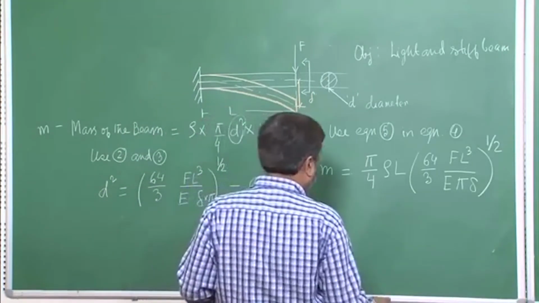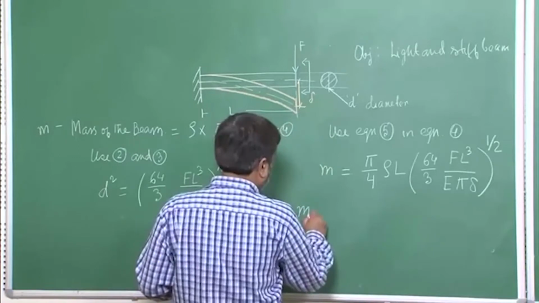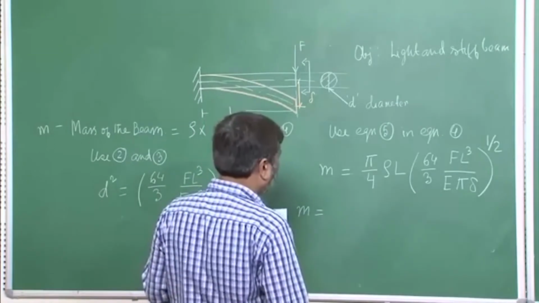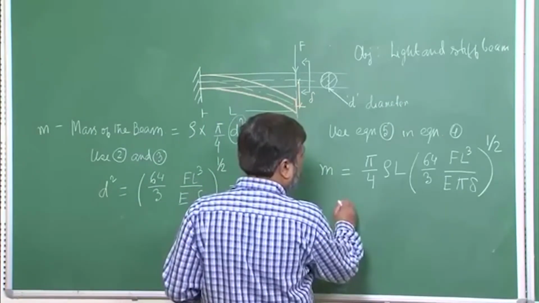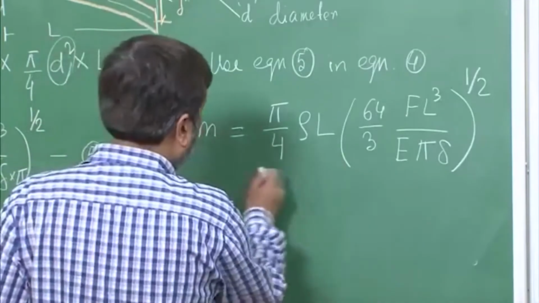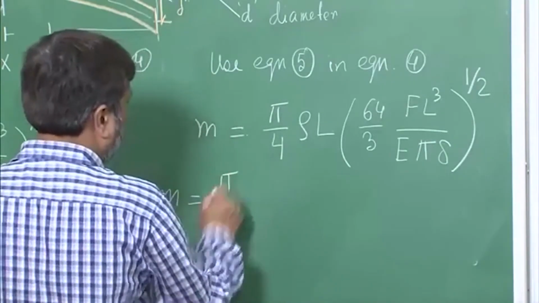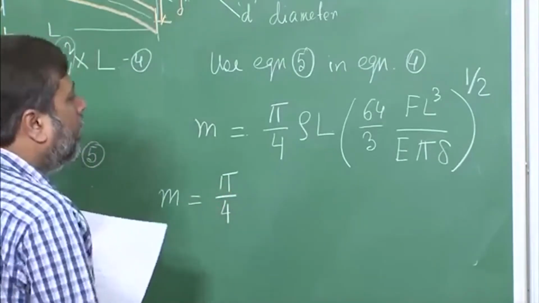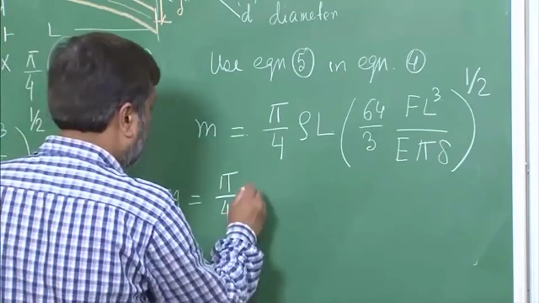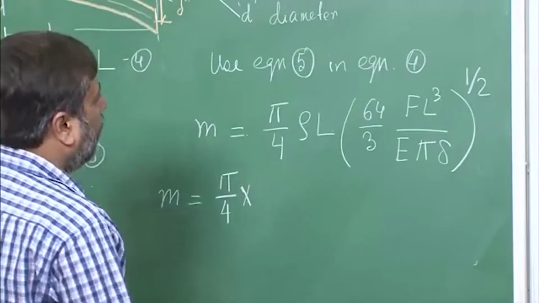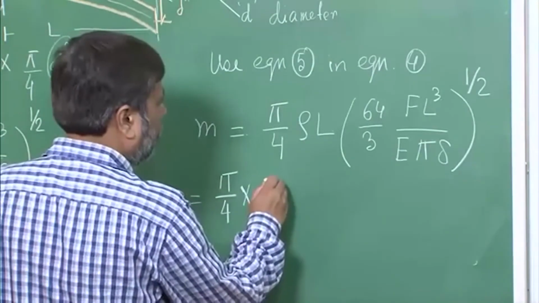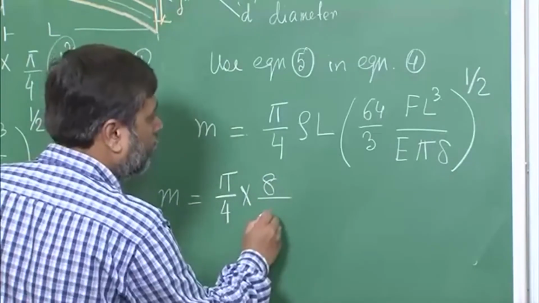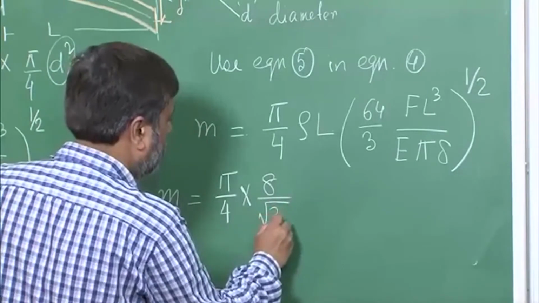So, let us now write down this mass in terms of different parts. We have the constants first. So, that is pi by 4, one constant, times 8 over square root of 3 pi.